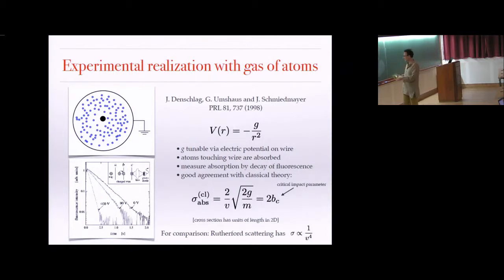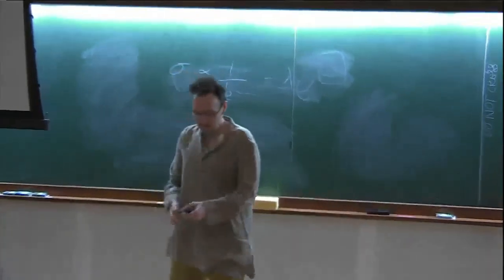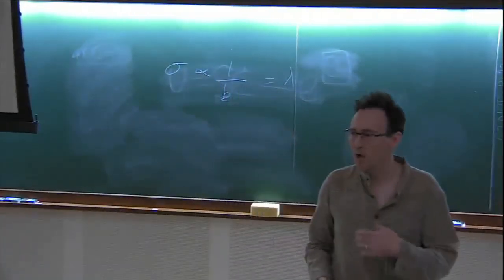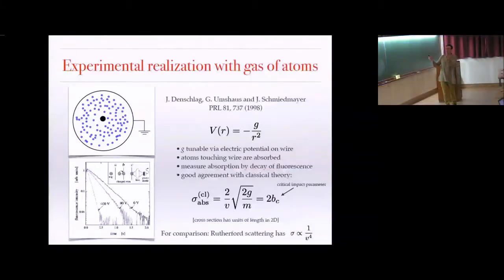So this is sigma being basically proportional to 1 over k, or the wavelength of the atoms. And so there's no intrinsic length scale in the system except what the atom has, its de Broglie wavelength.